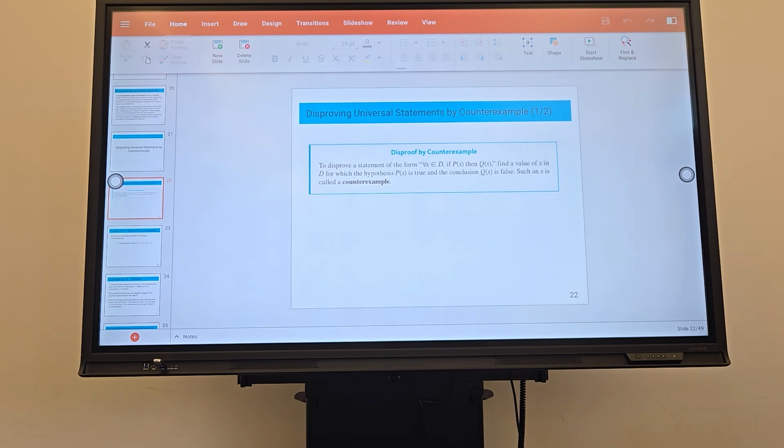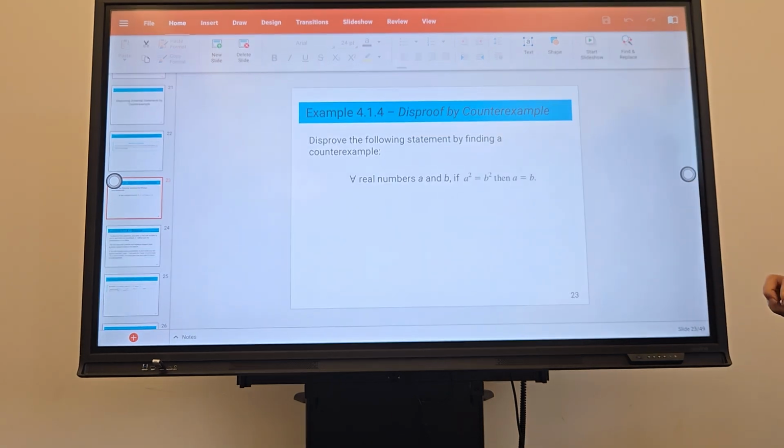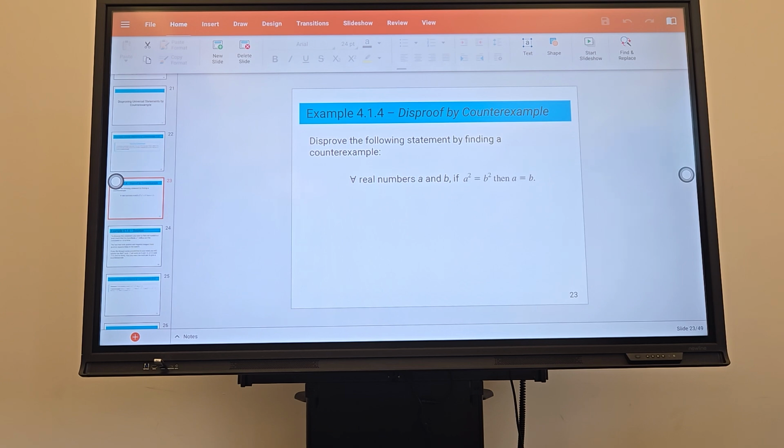Thus, x is a counterexample. Just have to show one to disprove it by a counterexample. All you need is one.